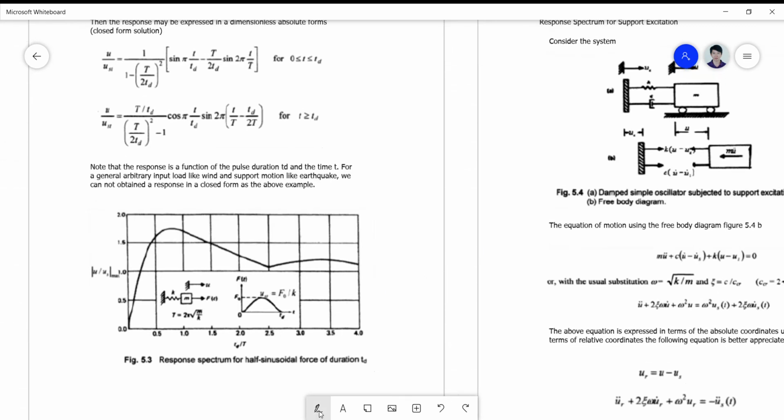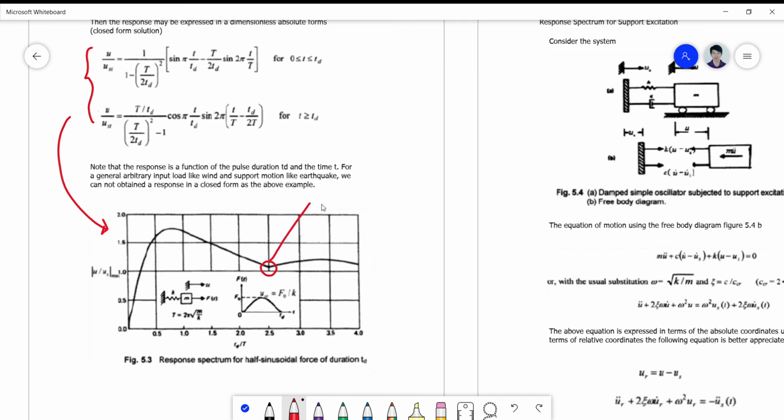If I plot both of these, this will be the result plot at t greater than td, meaning as it exceeds the value of the duration, it will have some abrupt, discontinuous change in the slope, or what you call discontinuity.